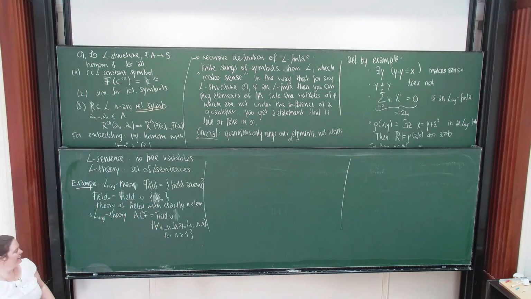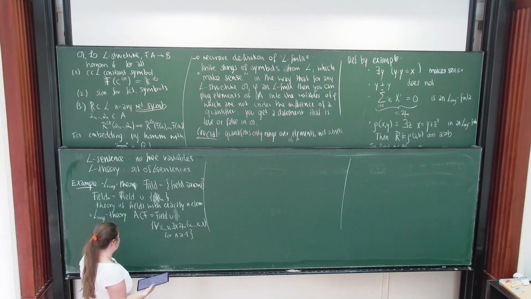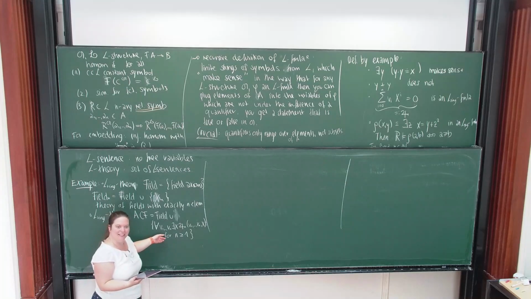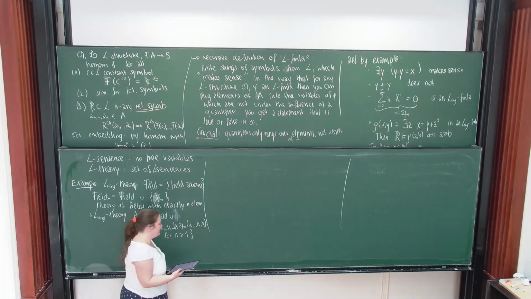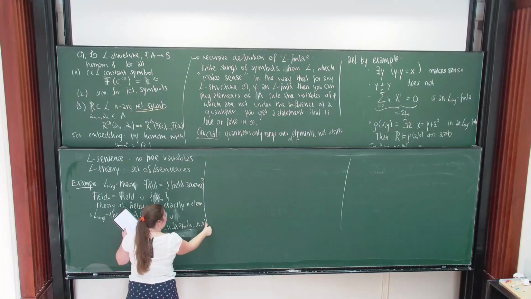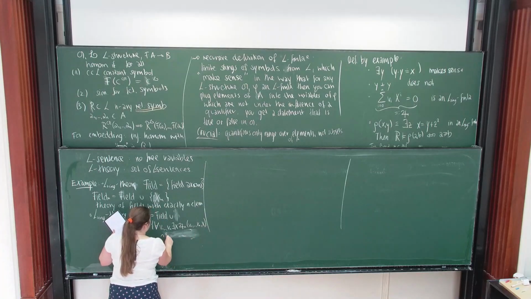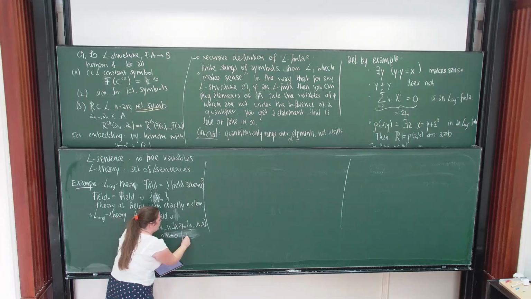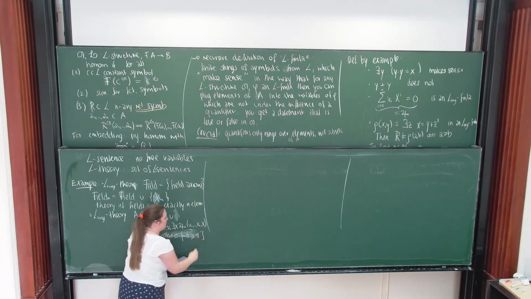Yeah? Will you have vn not equal to 0? Yeah, I guess you're right. If I really want to exclude constant polynomials, I should better say something about vn not equal to 0, right? Let me do that. And vn not equal to 0. And this is one formula for every n greater or equal to 1.